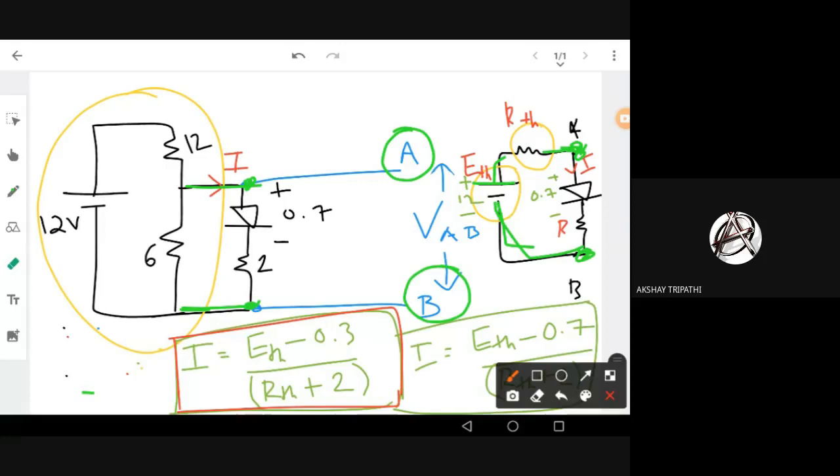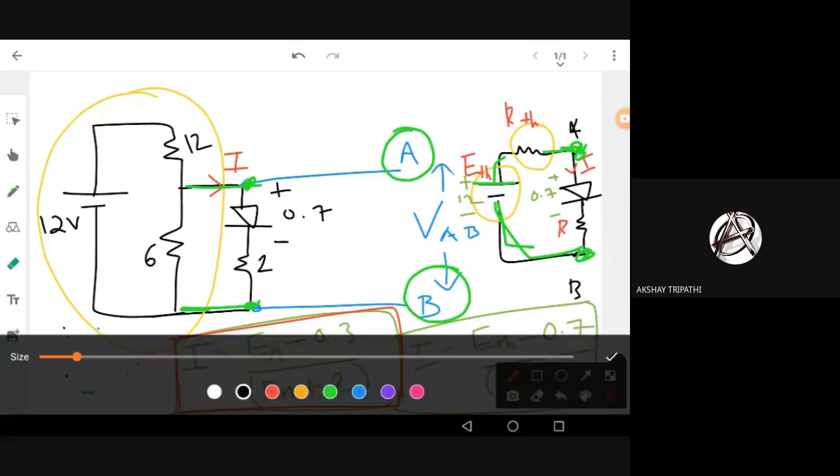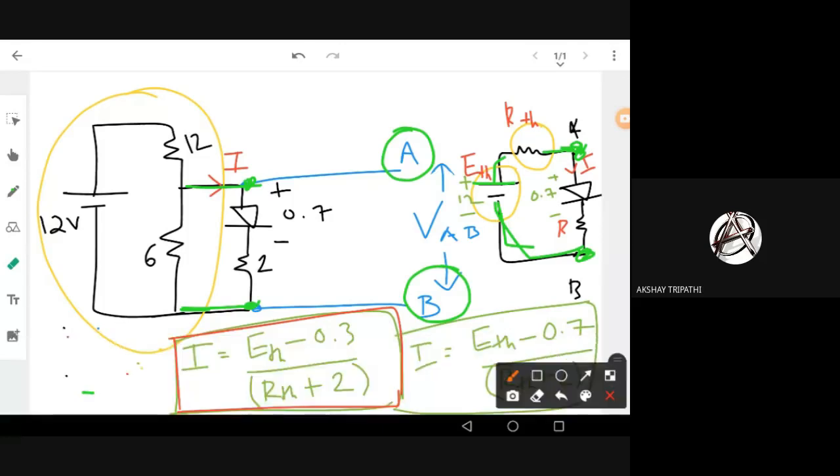So this is the advantage of Thevenin's theorem. You can simplify the circuit dramatically, and you can just vary your diodes or resistance and see what my current output is. Okay, so here I think it is clear. Everyone might have been able to do it. So what is my Thevenin voltage here? The voltage across these two points A and B, right? We know that 12 volt is shared across the 12 ohm resistance and the 6 ohm resistance.